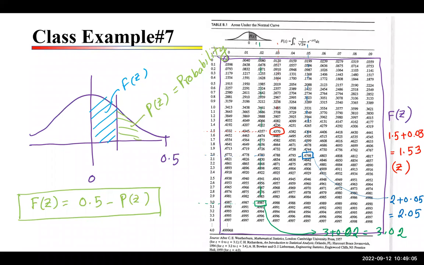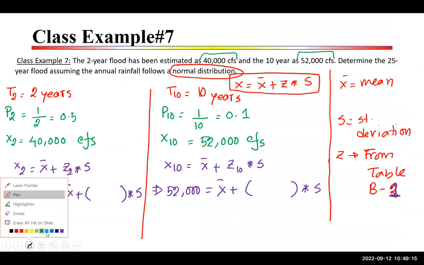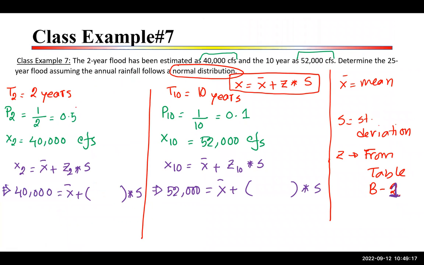If you know the Fz value, you can find Z, vice versa, okay? We already have 0.5 and 0.1. From these, can we find what the Fz value will be? 0.5 minus 0.5, what will that number be? 0.5 minus 0.1, what will that number be?